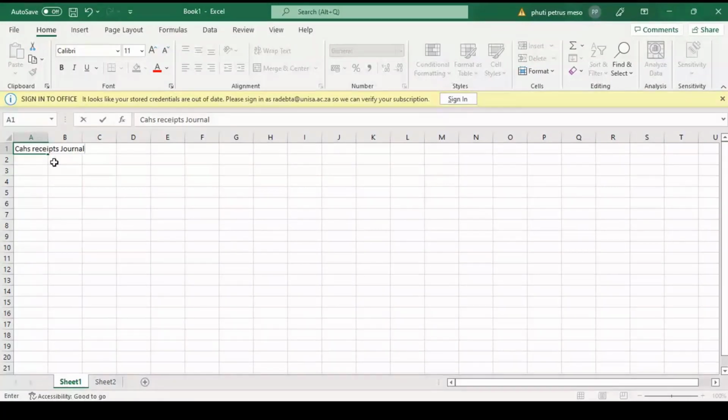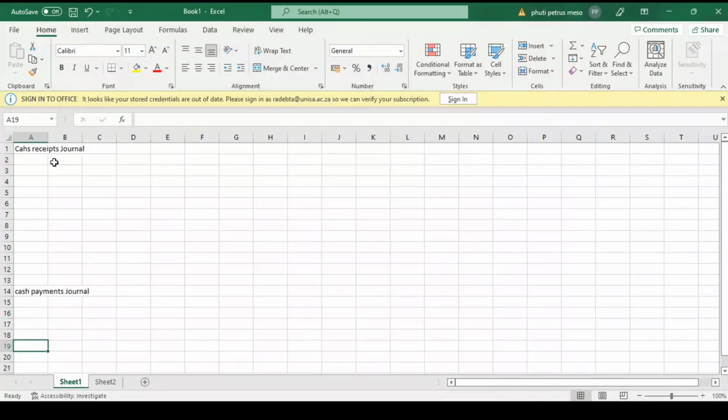We go down, we're going to have payments journal. We're going to have purchases journal. We're going down to have the sales journal.